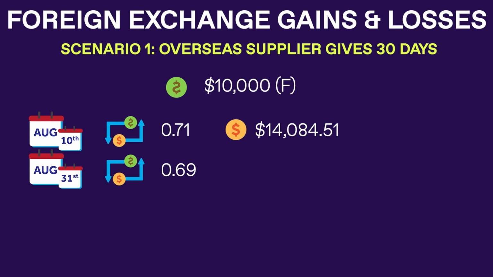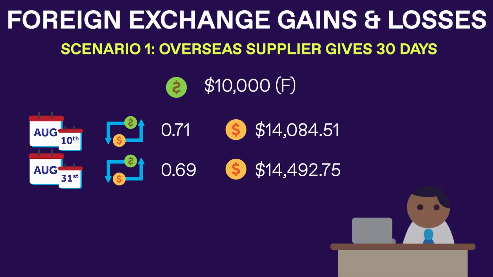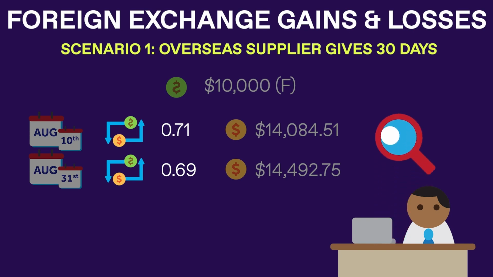That means in our currency, that invoice now actually isn't going to cost us $14,084.51. It's actually going to cost us $14,492.75. The reason this happens at the end of the month is any good accounting practice would have in place updating the foreign exchange values and revaluing them at the end of every month.